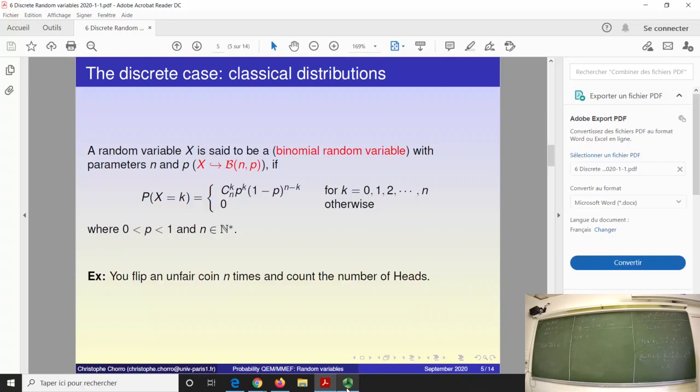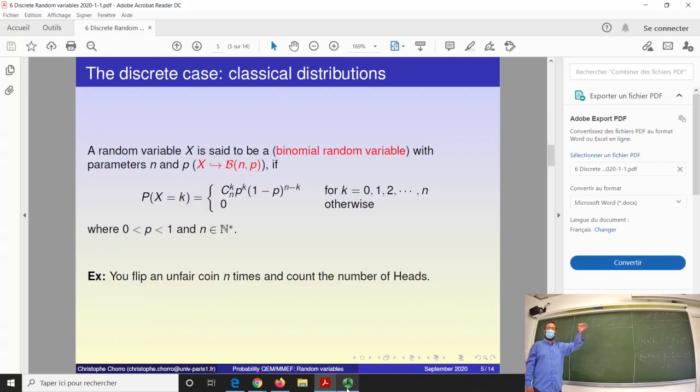So what I obtain when I flip a coin several times is that one drawing is independent from the other. So what is the value here? Not 3 times, no. 1 minus P to the power 3.